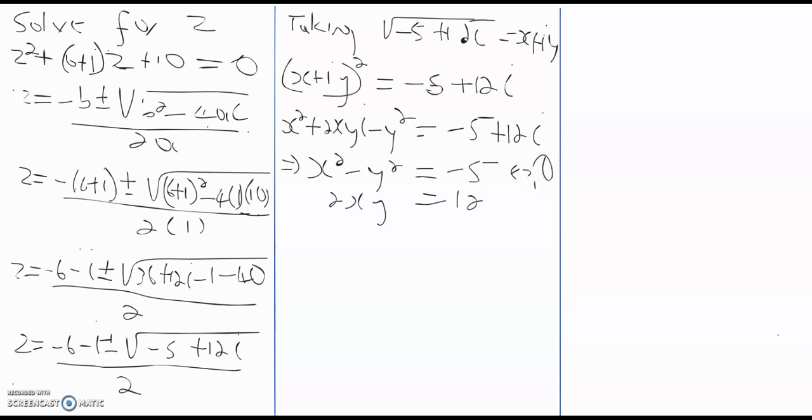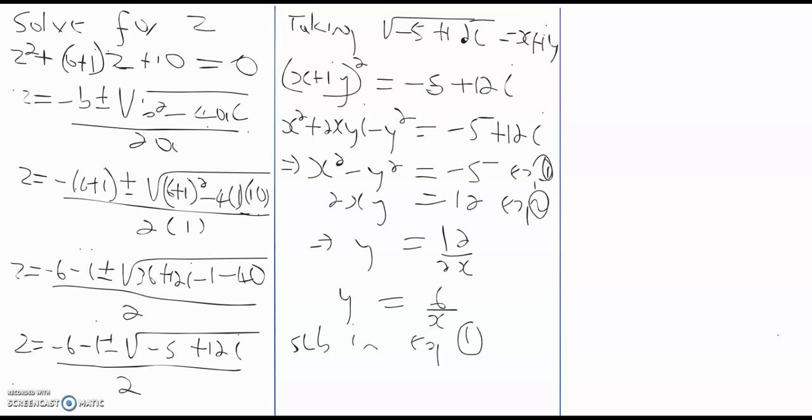Equation 1 and equation 2. Now from equation 2, we can say that y is equal to 12 over 2x, which means that y is equal to 6 over x, which we're going to sub in equation 1 in the place of y.